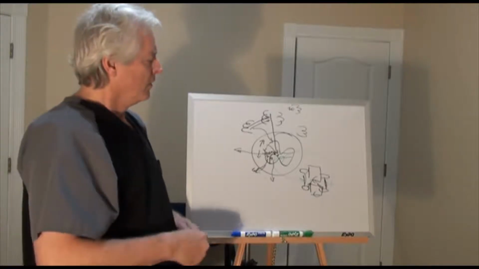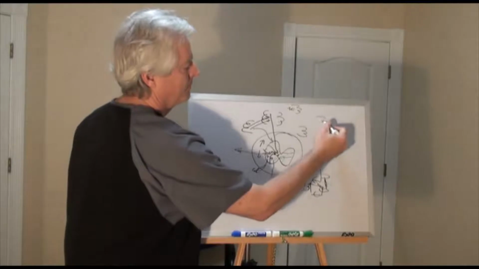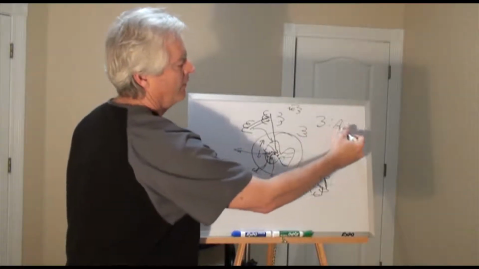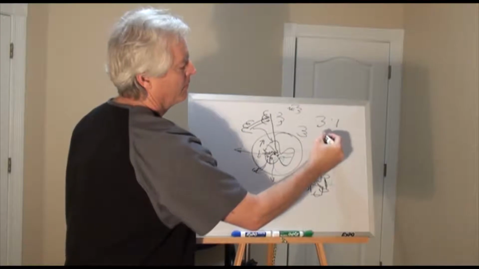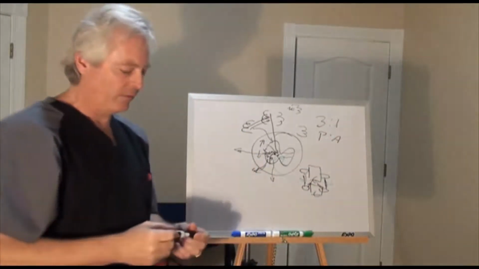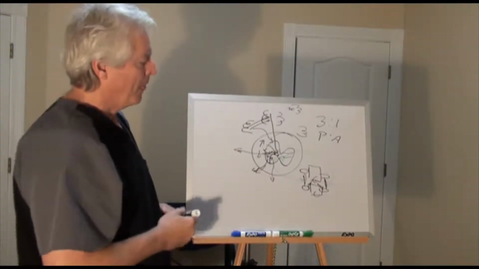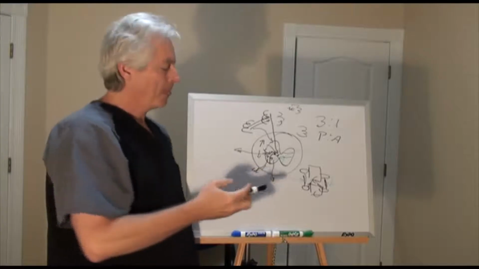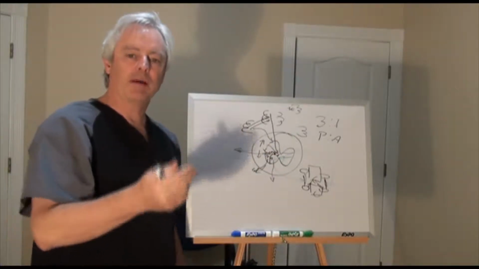So the remedy for that, of course, is to exercise in a 3-to-1 ratio of posterior to anterior groups. And I'll explain that more later, because that's what this whole section is all about. So as you exercise, now if you go to a gym and look at people exercising, most people do the opposite.